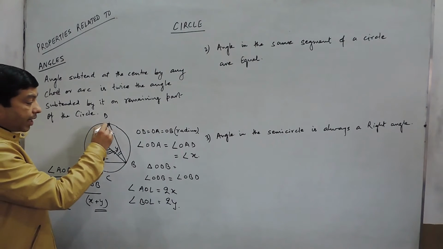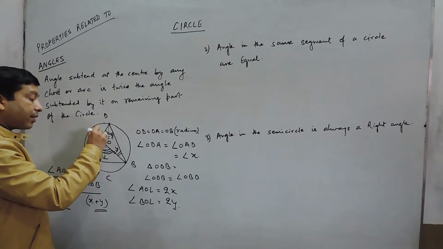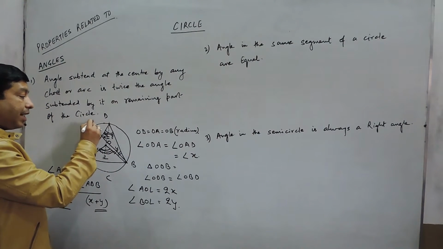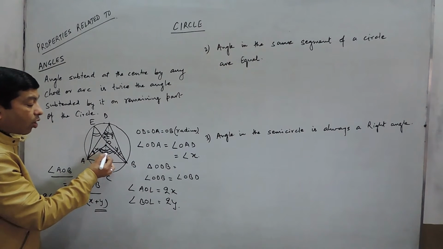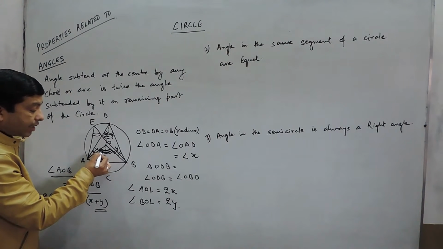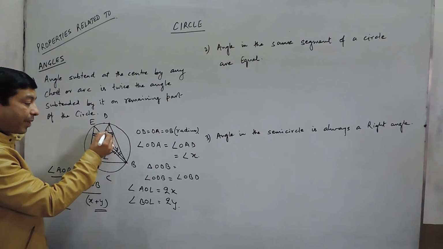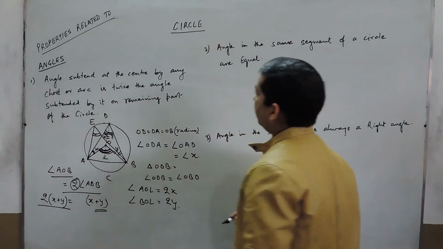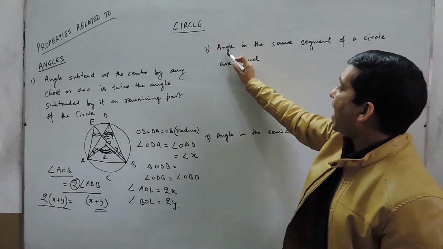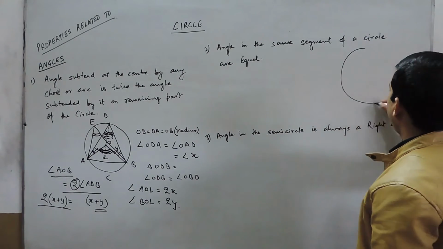Now if I draw another angle at a point E in the same segment, then this angle is also half of the angle at the center. So the angle at the center is double of this angle as well as double of this angle, which means these two angles must be equal. This is another theorem: angles in the same segment of a circle are equal.